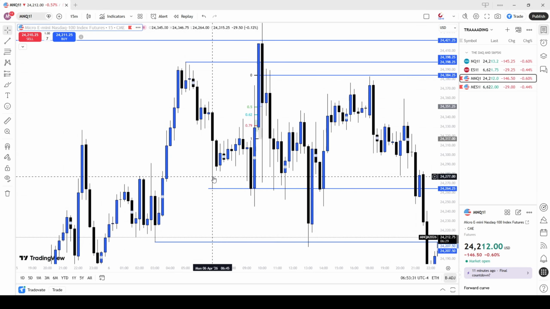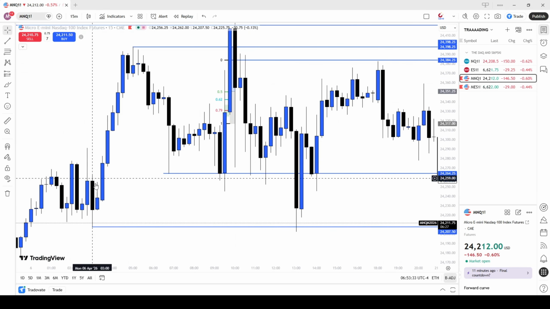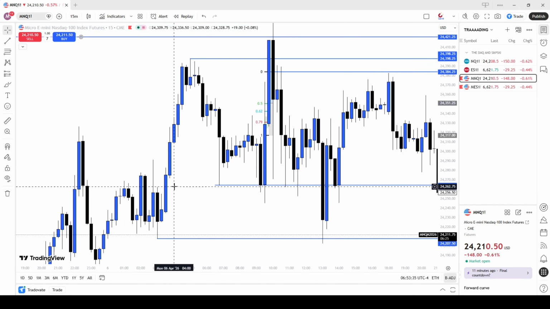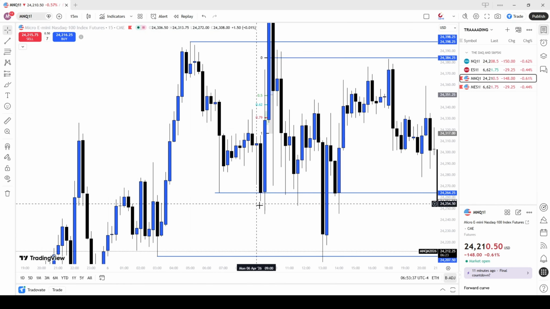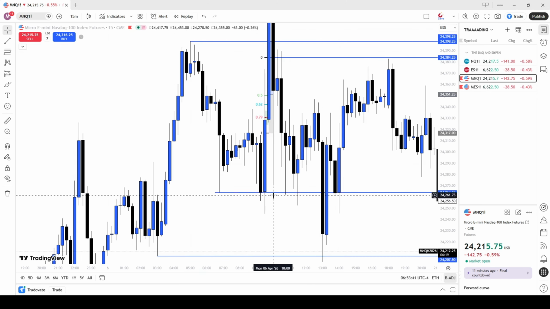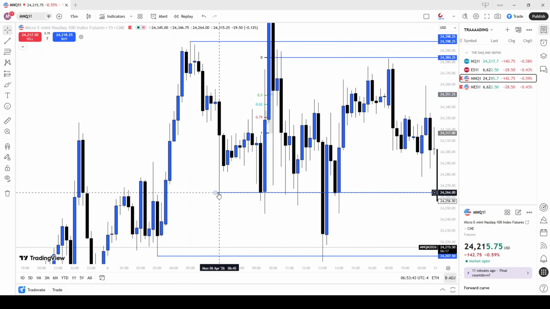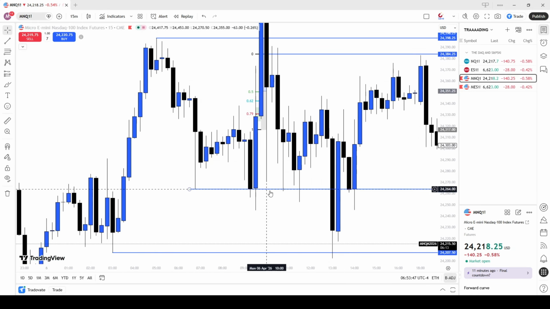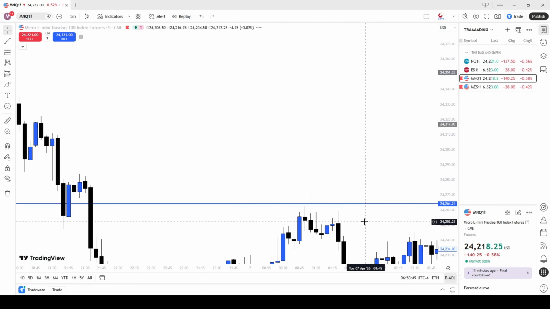Pre-market, we have this data low that is inside of this 15-minute gap. So now we're delivering both from an hourly gap and now a 15-minute gap, as we are sweeping data lows inside of a 15-minute gap.